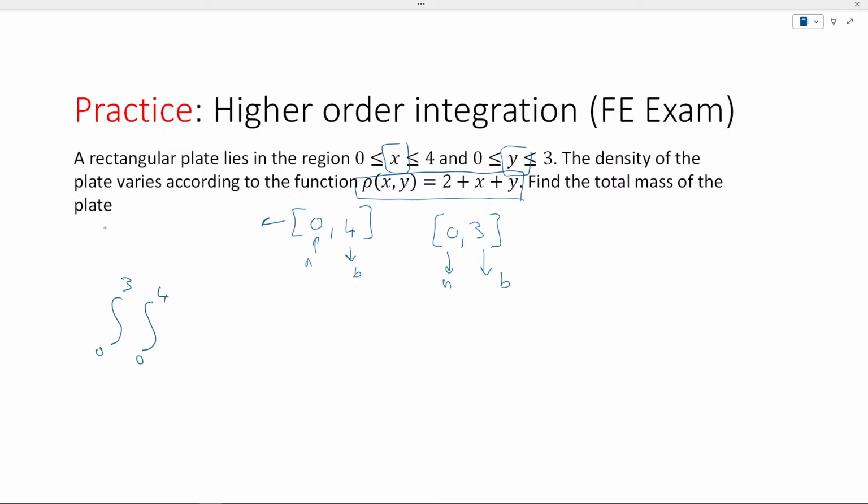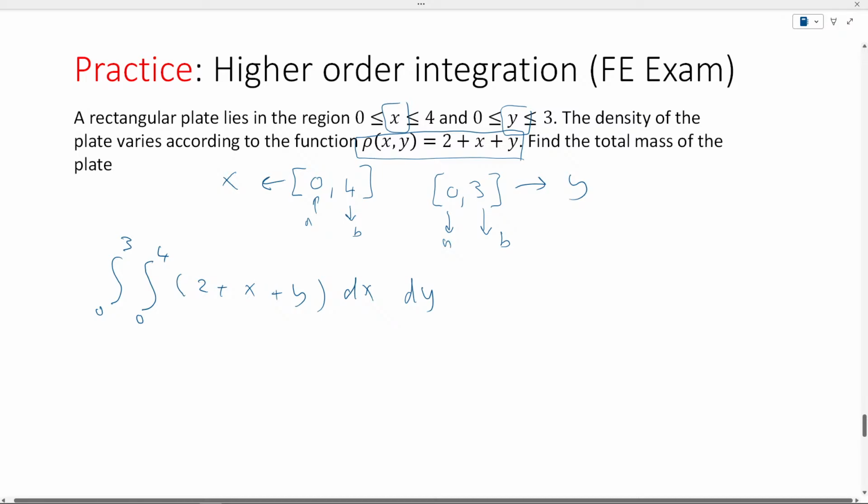So remember, this has to do with the x, and this has to do with y. I think that would be easier to do. I mean, it doesn't matter. So here 2x plus y. Then I will integrate with respect to dx over this interval, and then I will integrate with respect to dy over this interval.